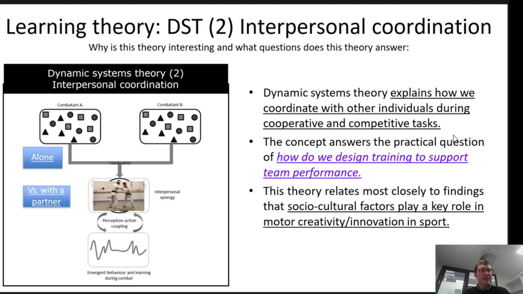It allows us to address these practical questions of how we design training situations to support team performance. So how do we do things so that we can operate at a team level? And it relates nicely to these findings that socio-cultural factors also play a key role in the way in which new skills are developed.